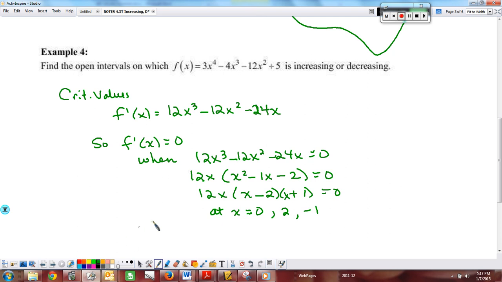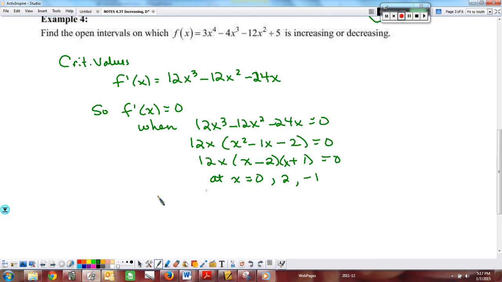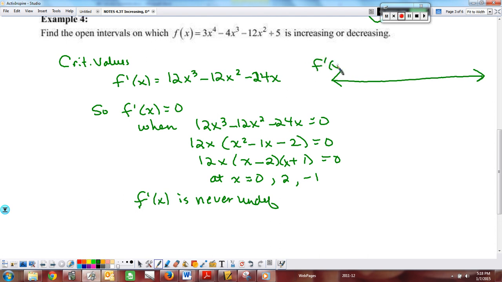And again, if I'm doing this, I should think about it. f prime of x is never undefined here. So then we create our sign chart to help organize our information. Sign chart is here purely for our information to keep straight what's going on. We add our critical values, -1, 0, and 2.